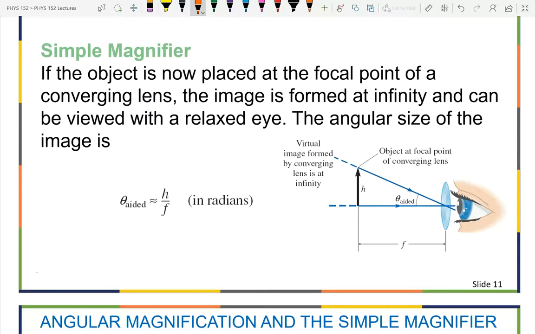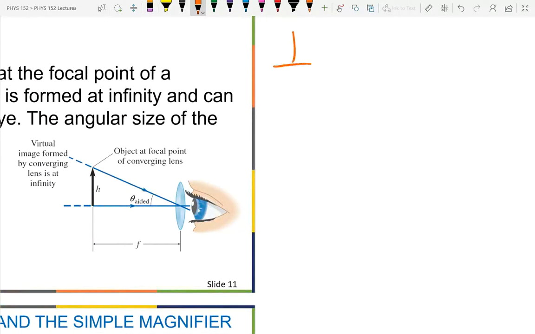So you put the object at the focal point. If you put the object at the focal point of the lens, where's the image going to be formed? Let's do this mathematically. We had an equation that said 1 over focal length is equal to 1 over distance object plus 1 over distance image.